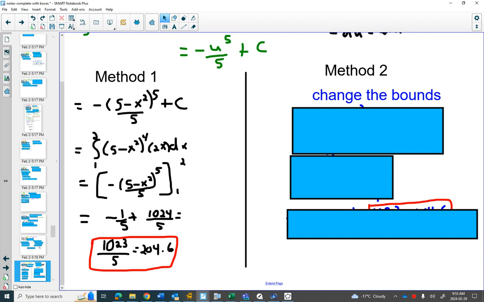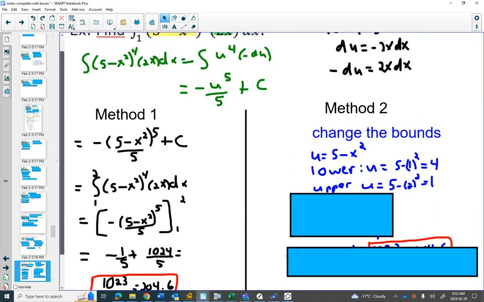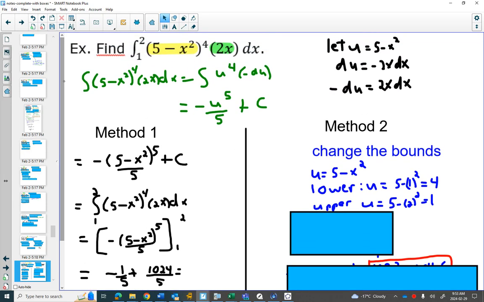What does that mean? Well, if u was equal to 5 minus x squared, and you were going from 1 to 2, well, now what would you be going to? If u is equal to 5 minus x squared, and I plug in 1, then u would equal 4. And if I plug in 2, then u would equal 1.